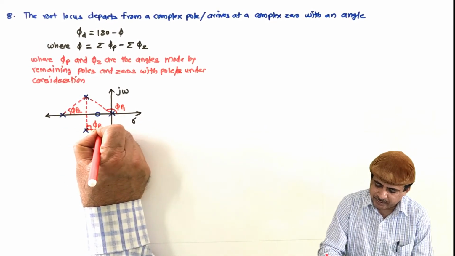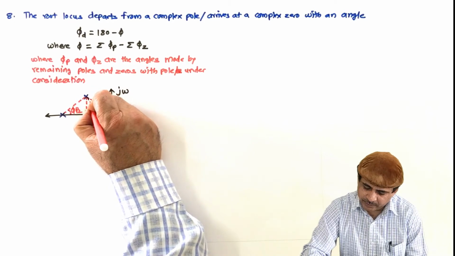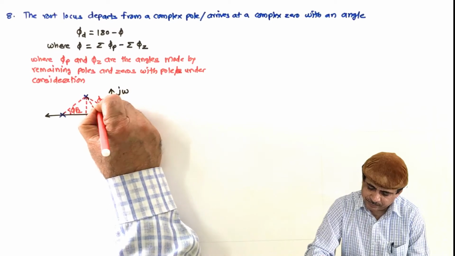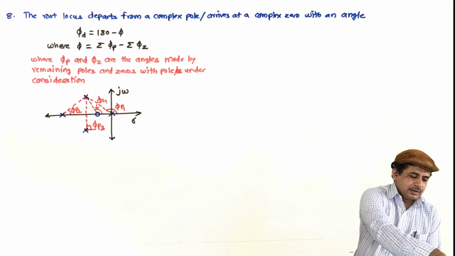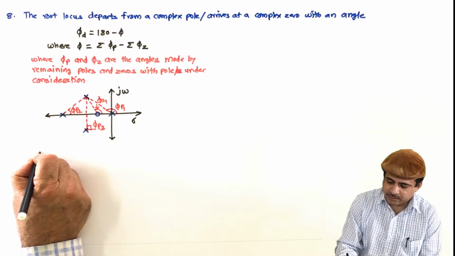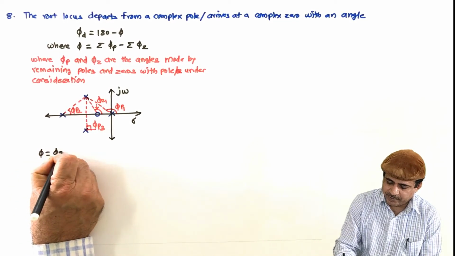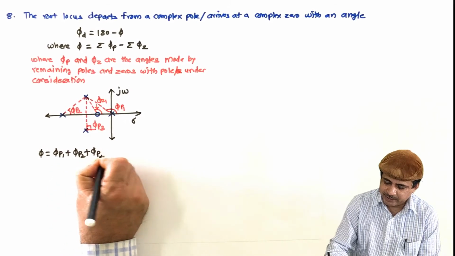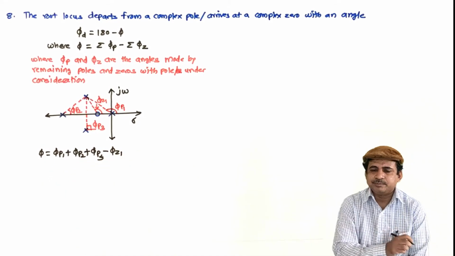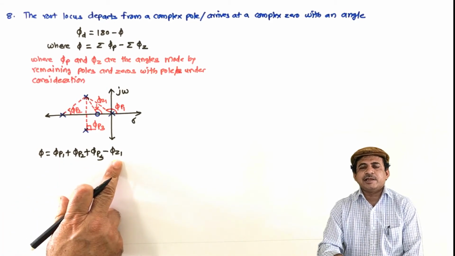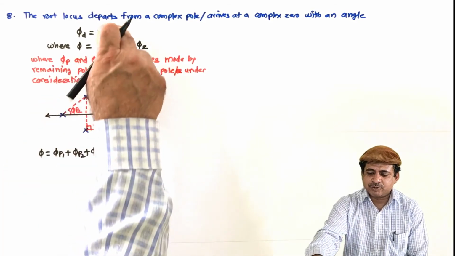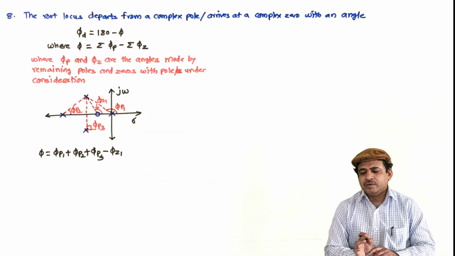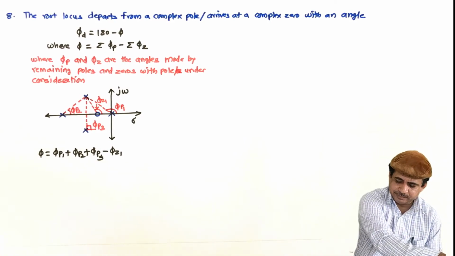Let this be phi p3, and again here we have this as phi z1. Then in this particular case, phi is equal to phi p1 plus phi p2 plus phi p3 minus phi z1, that is, summation phi p minus summation phi z. And this phi is substituted here to find phi d. At that angle it moves. Very clear cut.